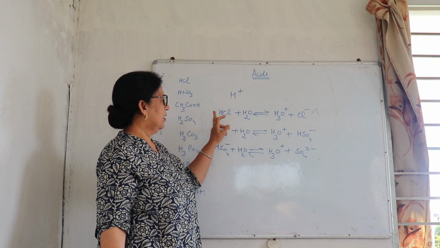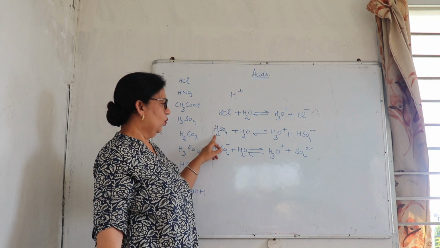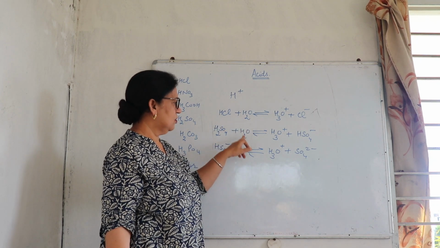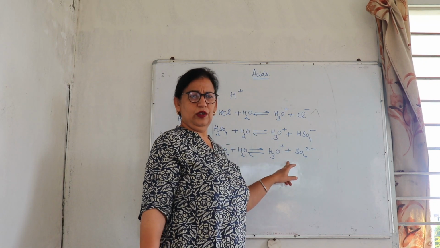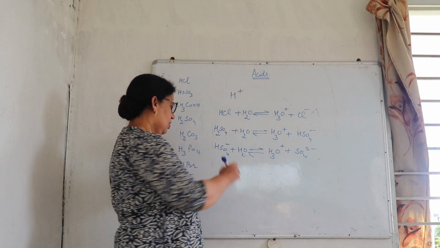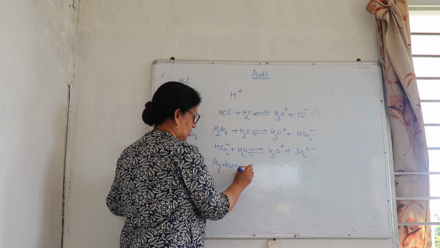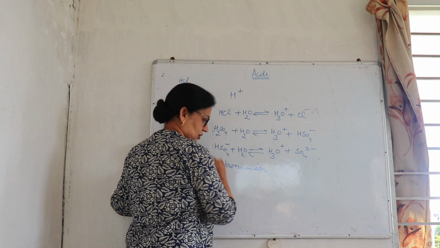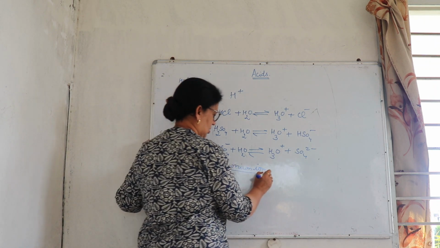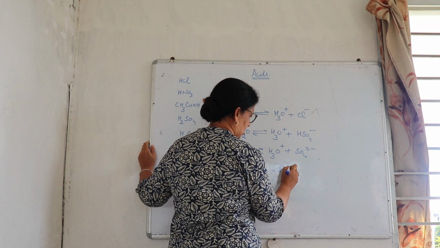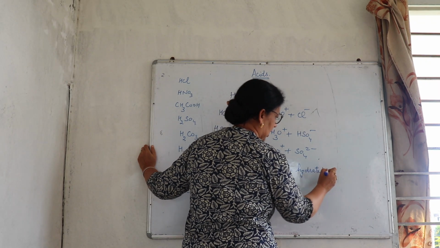What is an acid? An acid is a chemical compound which contains one or more hydrogen atoms and, when dissolved in water, produces hydronium ion as the only positively charged ion. Now, what is hydronium ion? It is hydrated hydrogen ion.